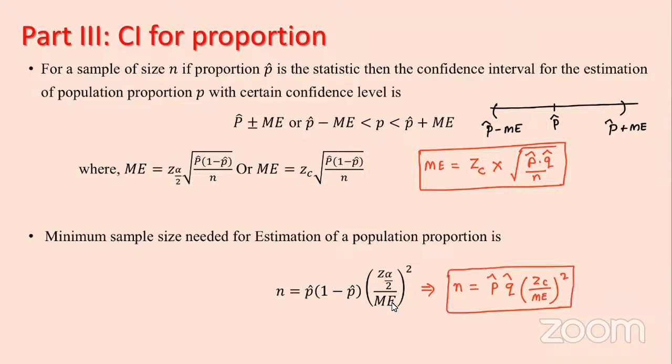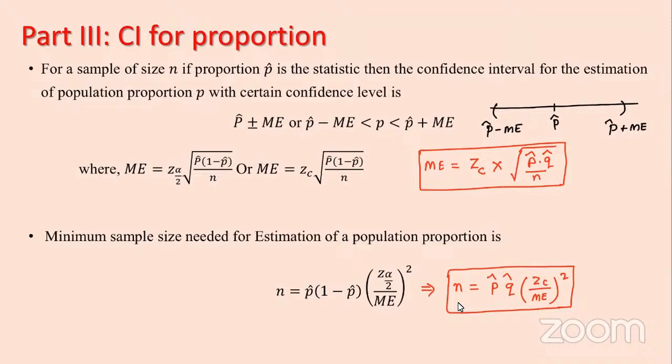So if I want to find the sample size to construct certain confidence interval, right, we'll use that formula. And remember, because you are calculating the sample size here, your rounding is just like in the first part we did last time. That is, you have to round it up. Okay, you have to always round it up.